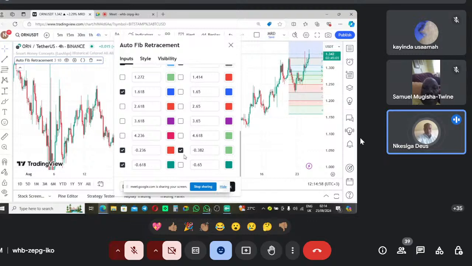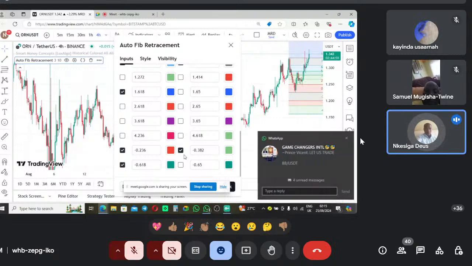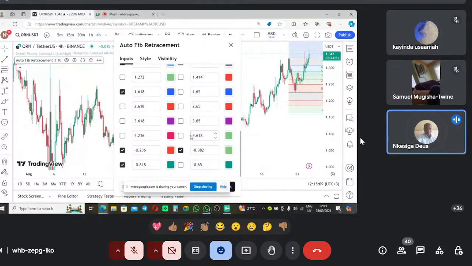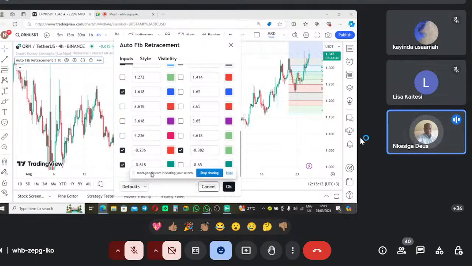When you search auto fib retracement, you will get it there on our TradingView. It is always there. So when you get it, please go into the settings and put the following, like I have showed you.